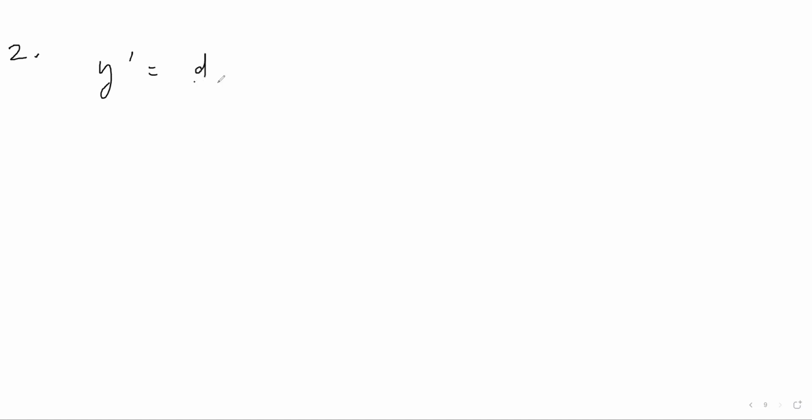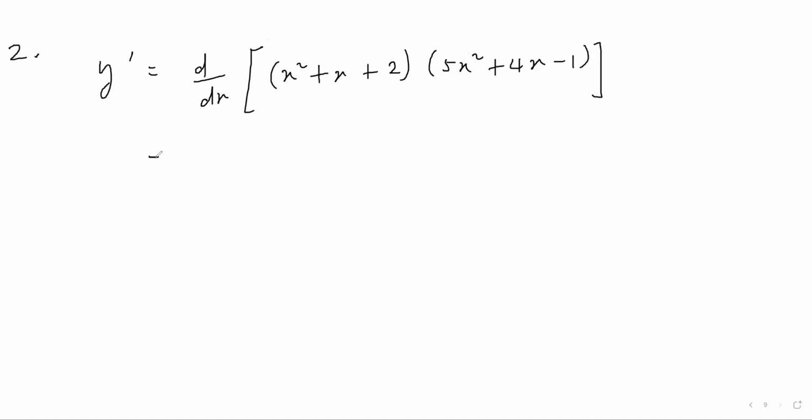In this case, y prime is the derivative with respect to x of the product, and the product that they give us is x squared plus x plus 2 multiplied by 5x squared plus 4x minus 1. You differentiate this product.